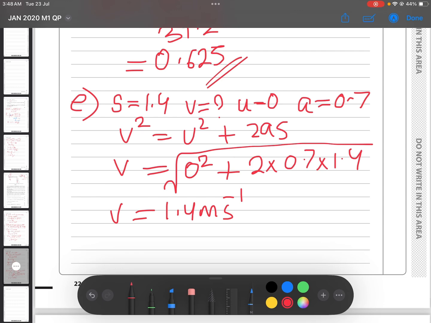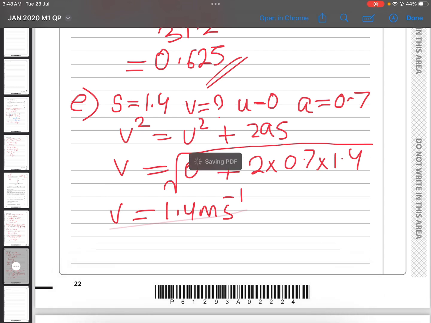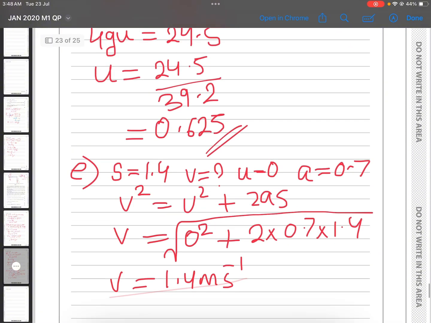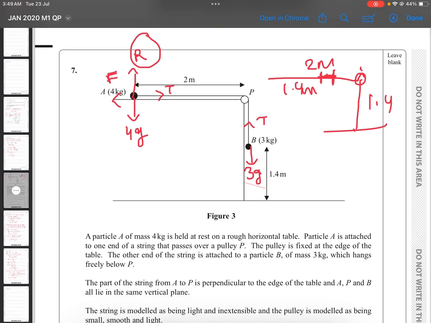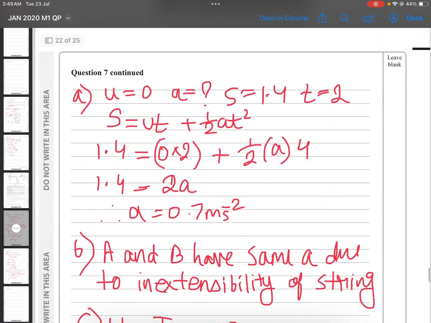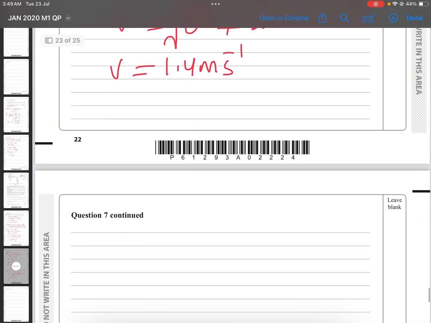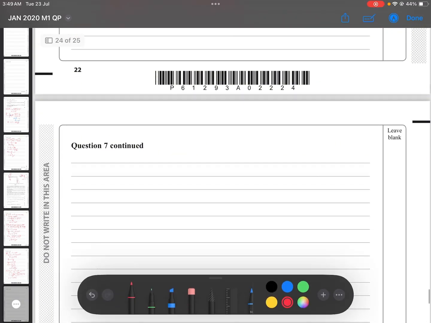We found the velocity, and now another thing which we have to know is that after ball B has fallen down, the tension in the rope becomes 0 because the rope becomes slack. There is no more tension left. As tension is 0, we will get a new acceleration.